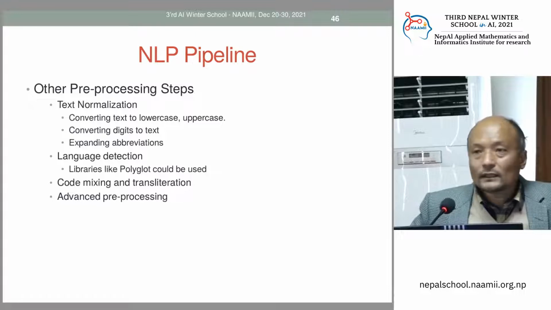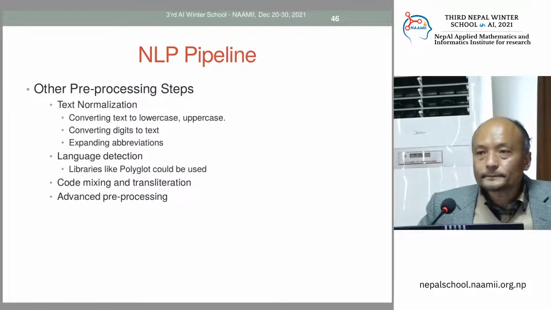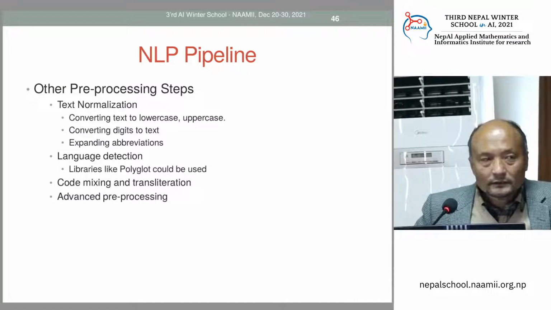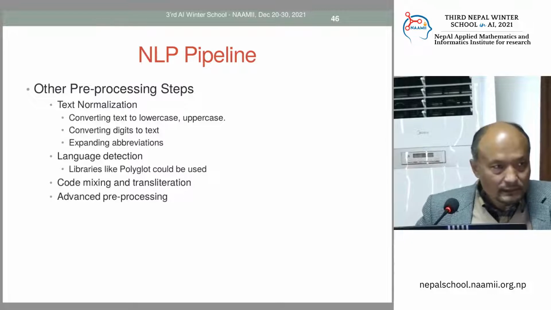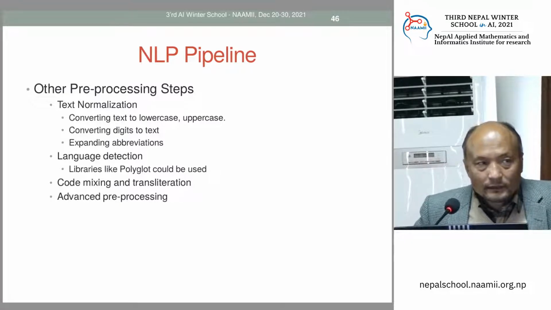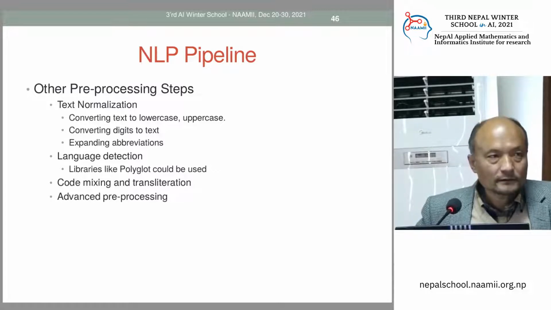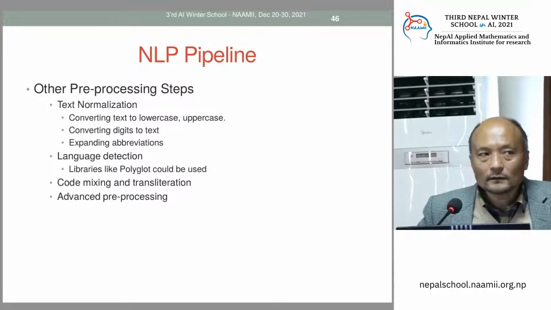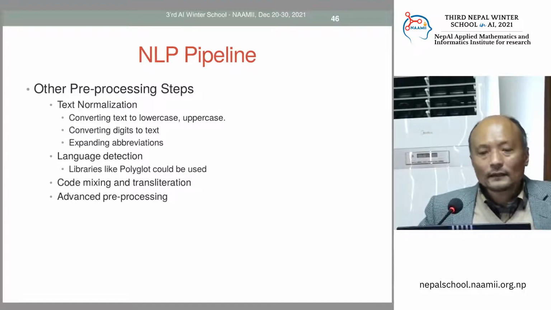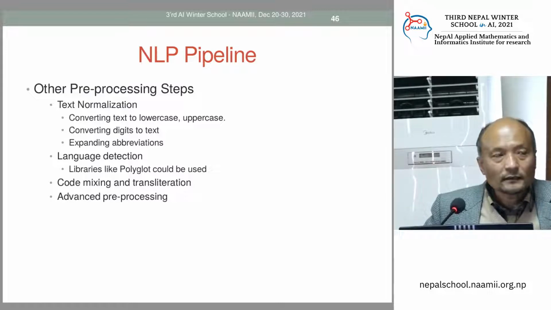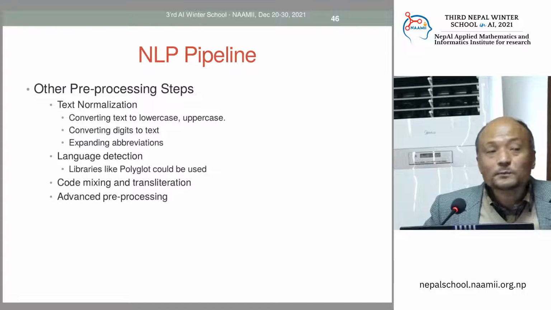If we use that knowledge for sentence tokenization, then sometimes we run into problems because there are abbreviations in English, like Dr., doctor, followed by a full stop. And hence, in order to avoid such mishaps, we need to expand those abbreviations.